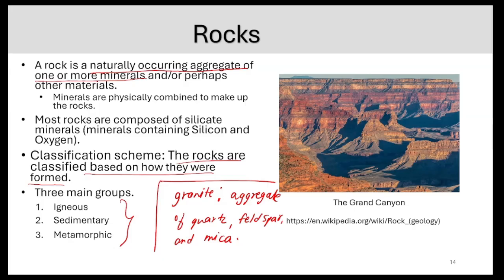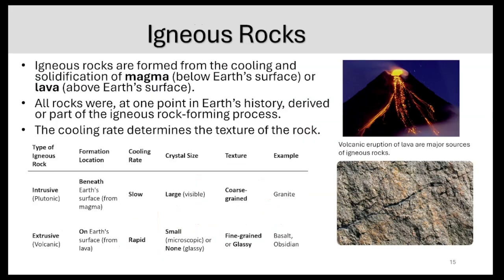Let's talk about igneous rocks in more detail. Like we said before, any rock that forms when it solidifies from a liquid phase is called igneous rock, and generally they are formed from the solidification of either magma or lava.